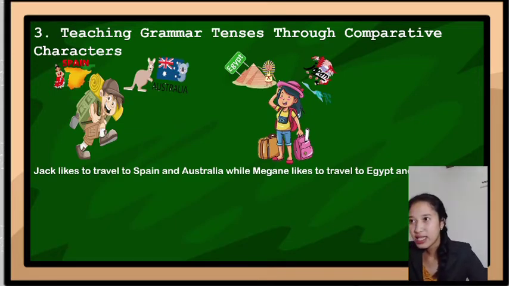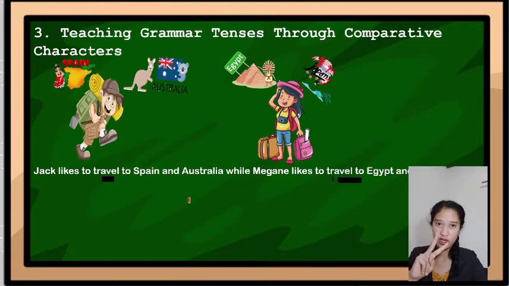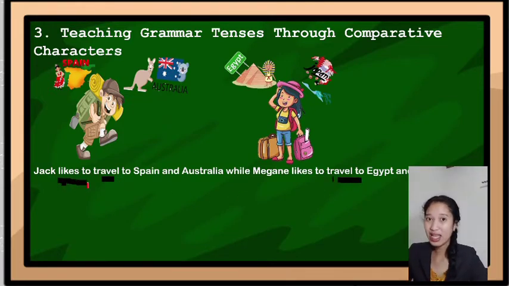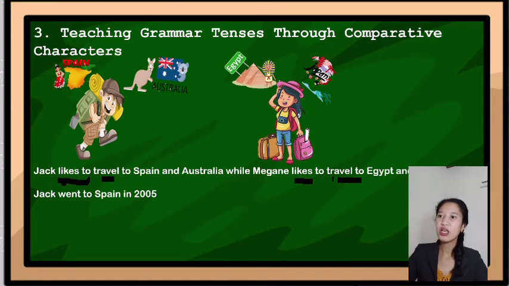As you can see, there are two words, travel and likes. Jack likes travel. Megan likes travel. So they are similar in their hobbies. They like traveling. But they differ in the destinations they want to go to. Jack wants to travel to Spain and Australia, while Megan loves to travel to Egypt and Japan.